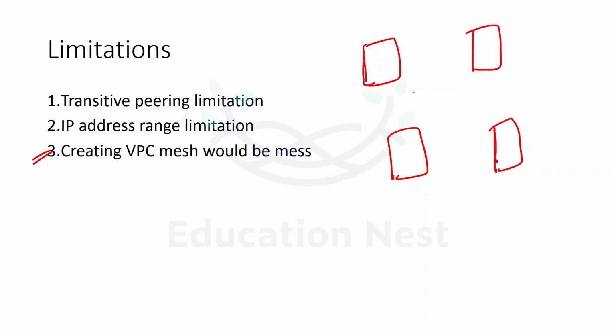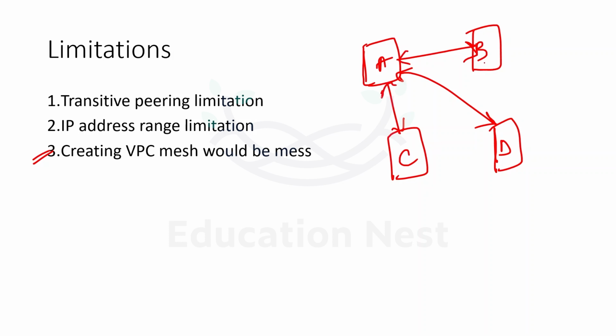I have to peer VPC A with all the other 3: with C, with B, and with D. Now these would be two-way connections, right? If A and D are connected, then D obviously can talk with A.